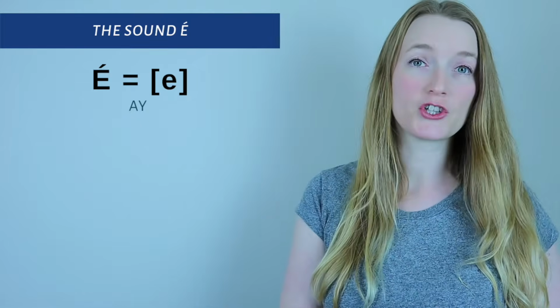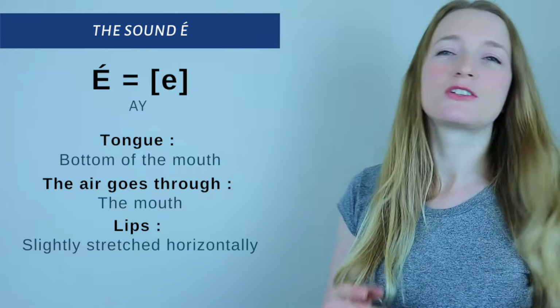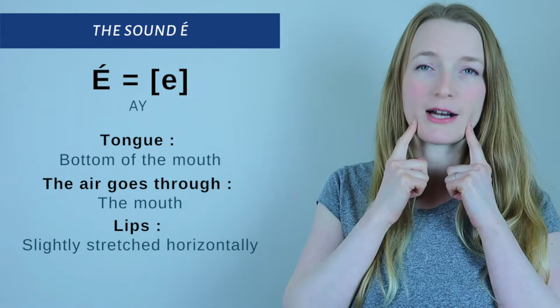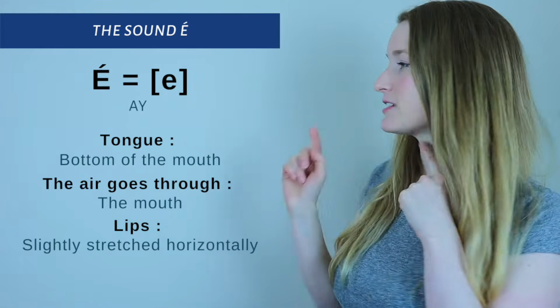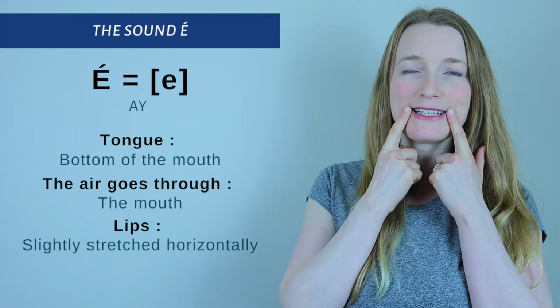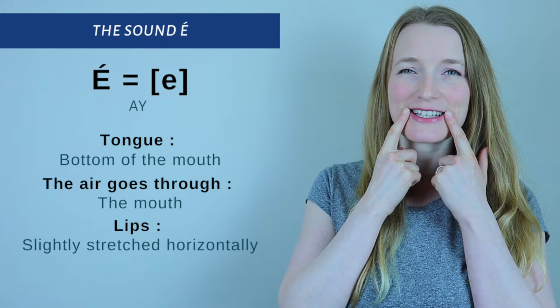For us, it's very short: é. Okay? So the tongue is going to stay at the bottom of your mouth. The sound goes through your mouth, not through the nose. And the lips are slightly stretched horizontally. So we have é. Once again. É.